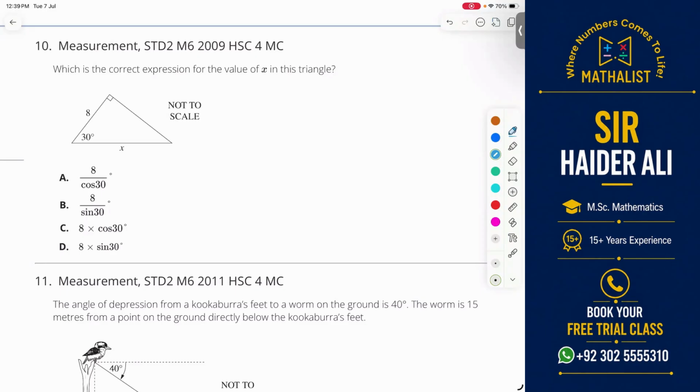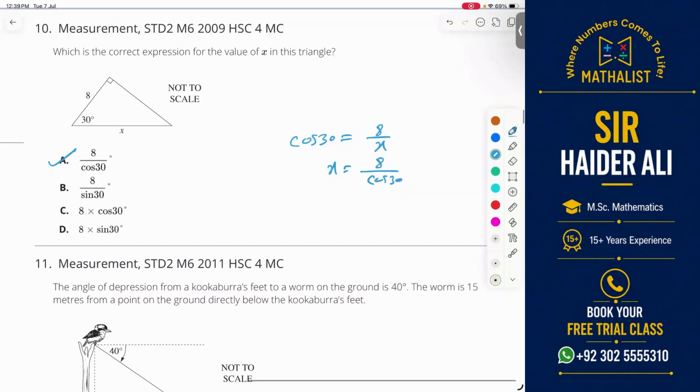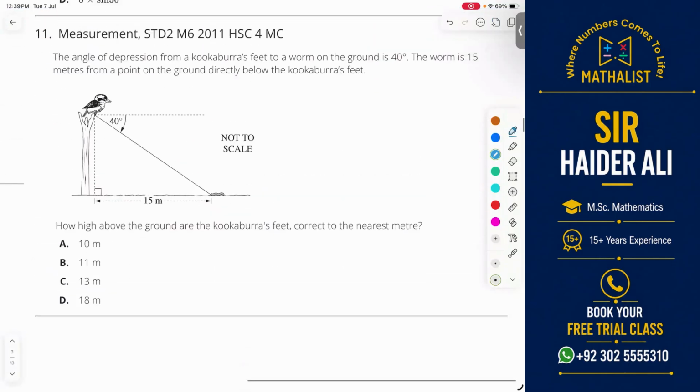Is it A? Cos 30 is equal to 8 over x. x moves to the other side and cos 30 here. Yes, accurate answer.